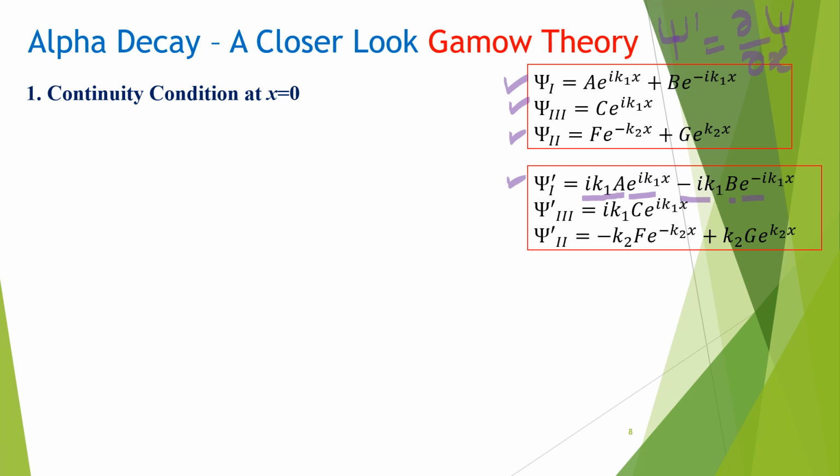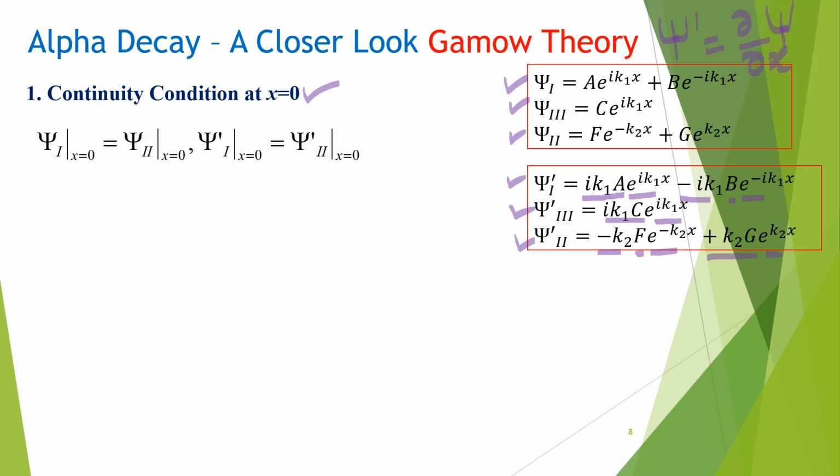A similar story applies for region 3, ik1 times c into e to the power ik1x, and for psi 2 dash we have minus k2 times f, same exponential, plus k2 times g into the same exponential.